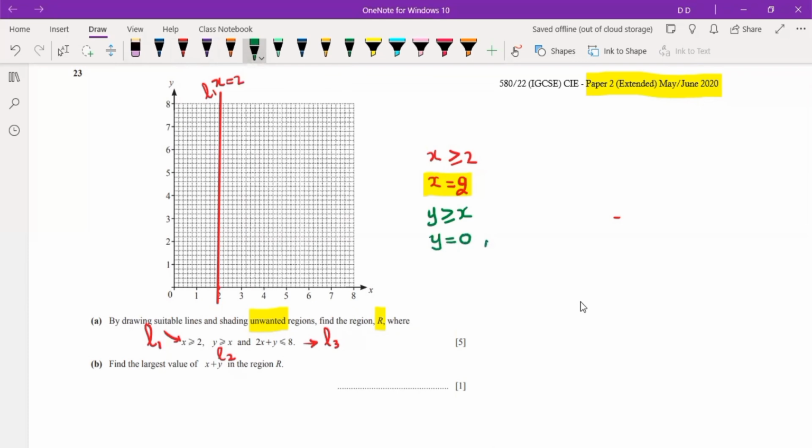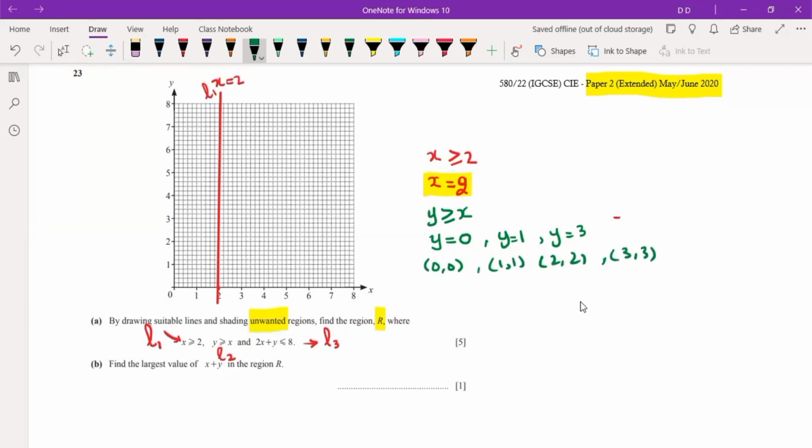If we plug in x as 1, y will be 1. If we plug in x as 3, y will be 3. So the coordinates will be 0, 0, 1, 1, 2, 2, 3, 3, and so on.